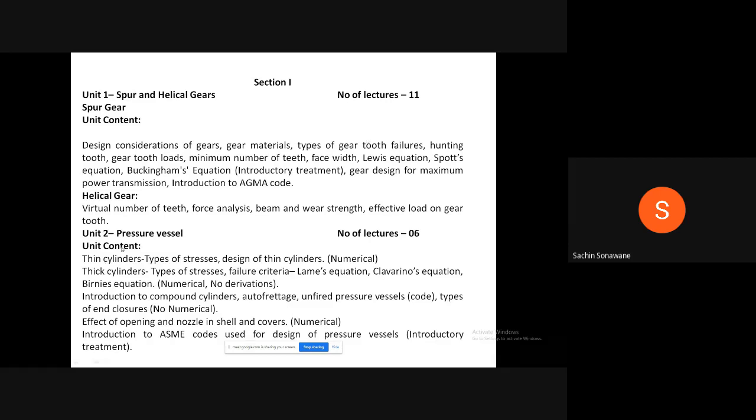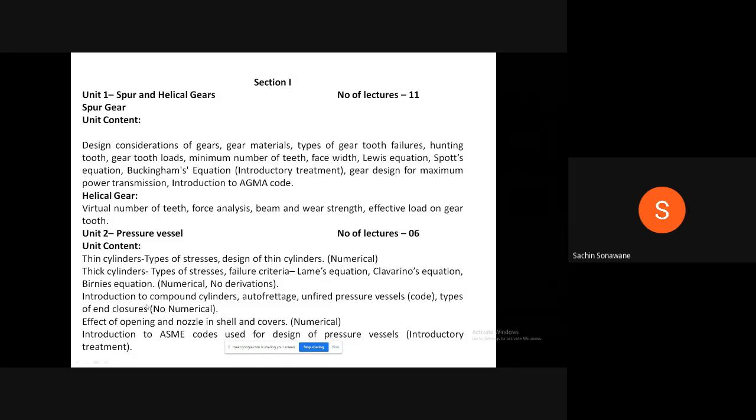Therefore, unit content of pressure vessel is thin cylinders, in that types of stresses, design of thin cylinders, numerical treatment will be there. Thick cylinders, types of stresses, failure criteria, in that Lamè's equation, Clavarino's equation, Birnie's equation, numerical treatment, no derivation.